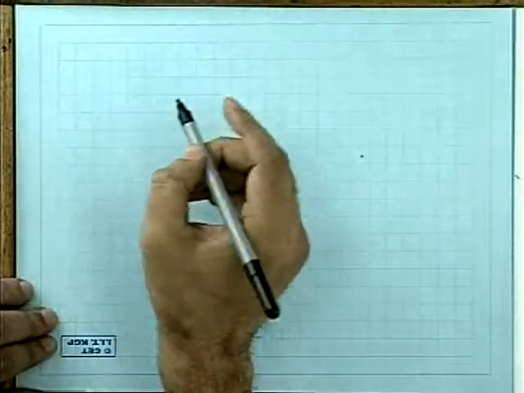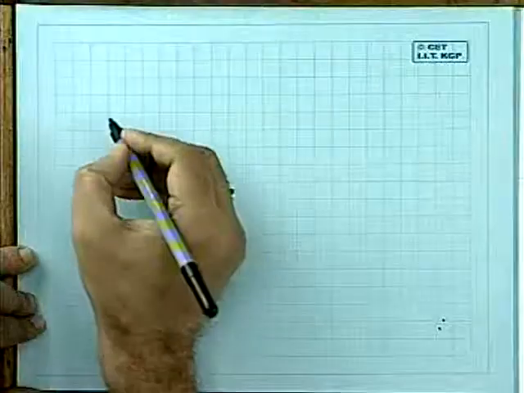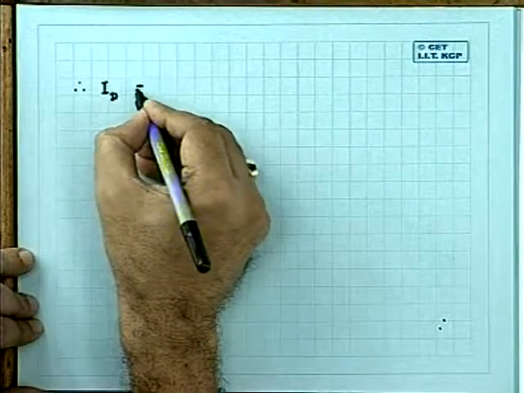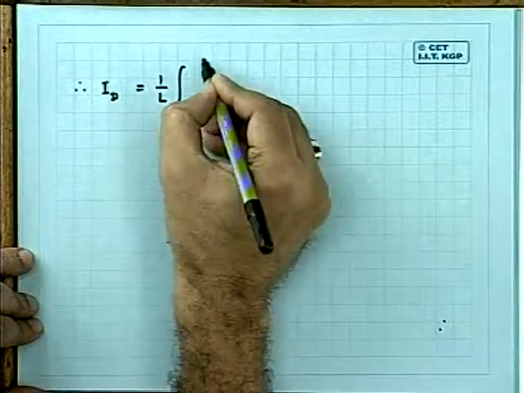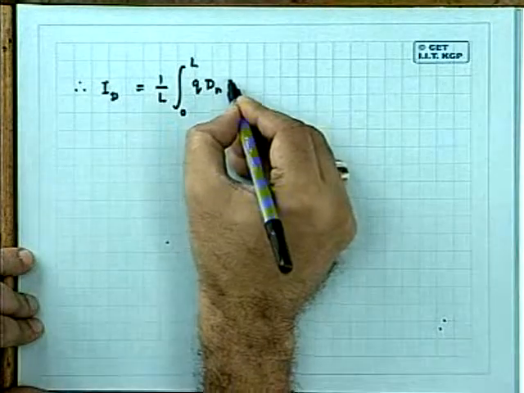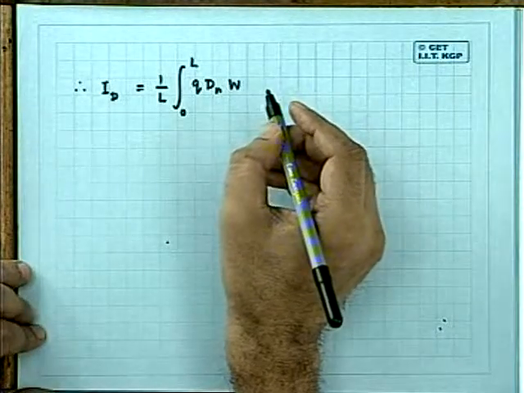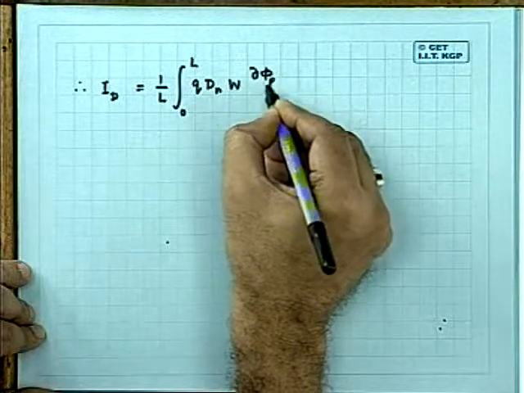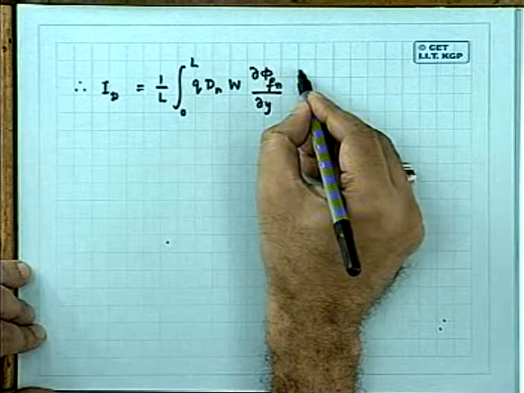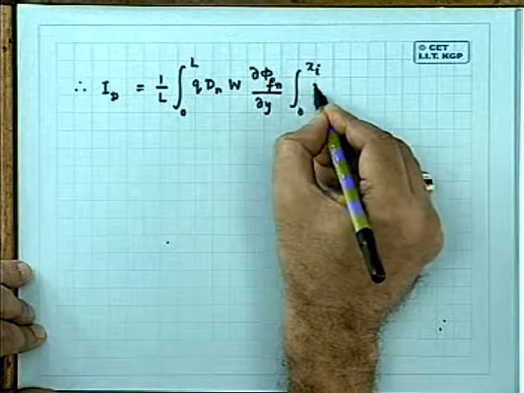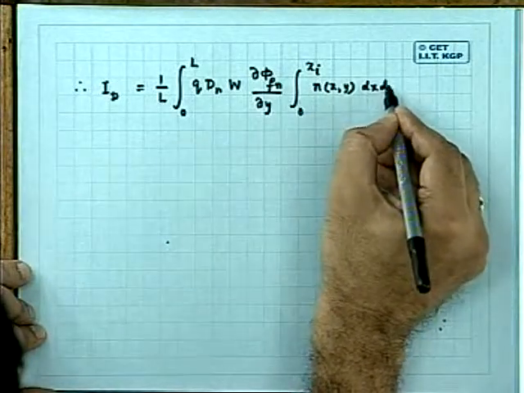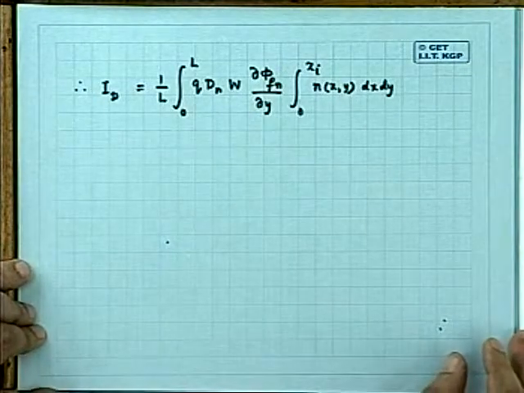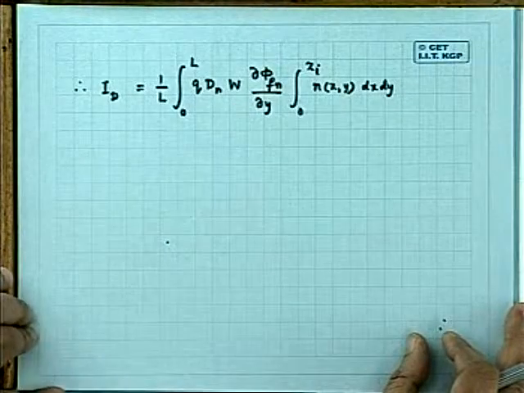Now substituting the JDX, have you seen what I have done here? You just check the JD equation.